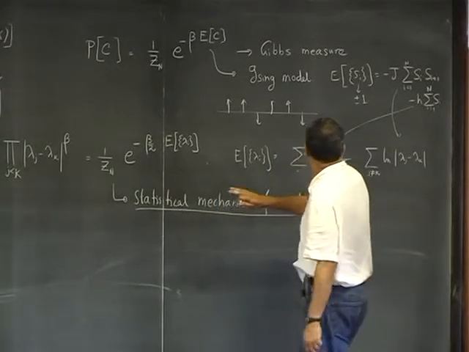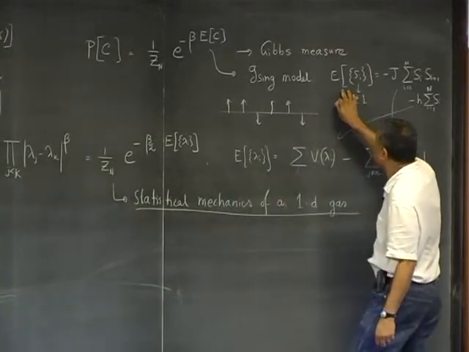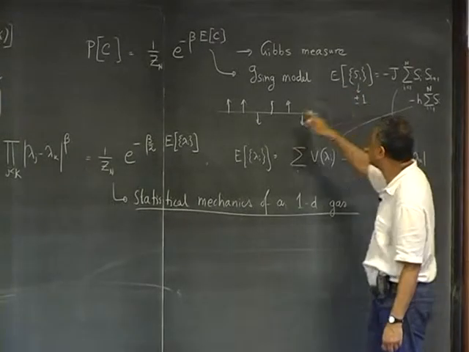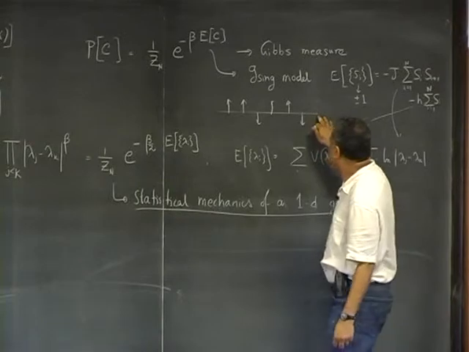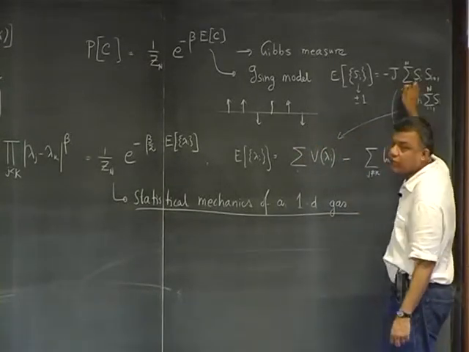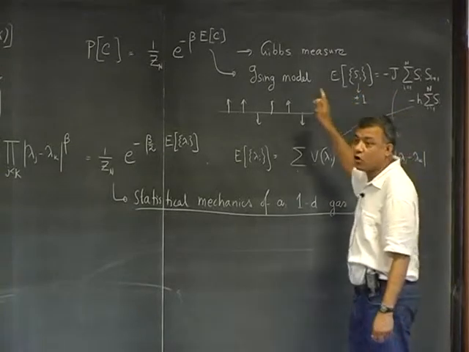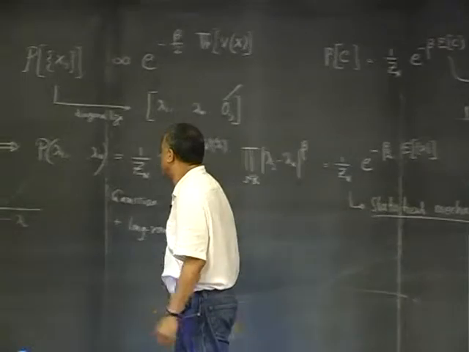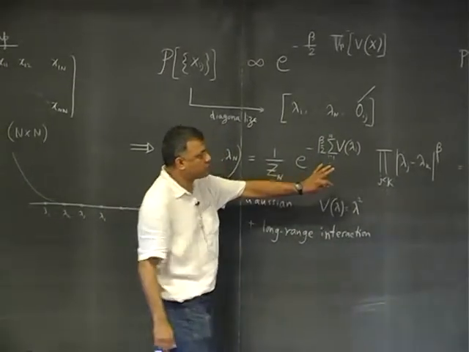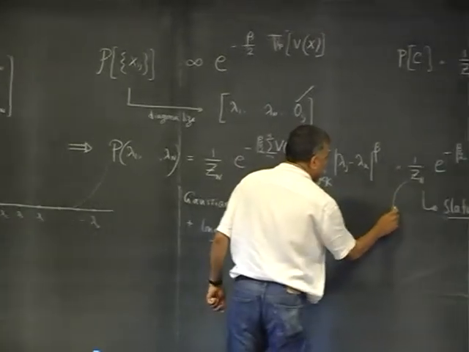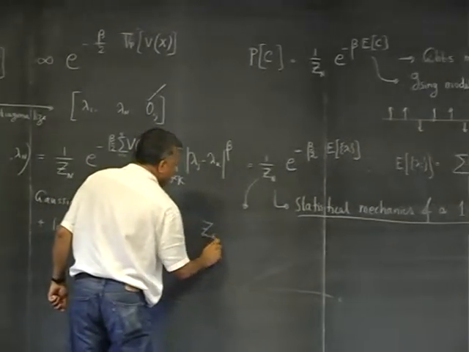Now, as Kiran told you, a 1D Ising model is very easy to solve. All of you have done that, I suppose, by using transfer matrix techniques. The reason you can do that is because there is a short-range interaction. It will not work if you have a long-range interaction, so we cannot use simple transfer matrix techniques to solve this. Here you remember that this Zn is just a normalization, like in the Ising model.